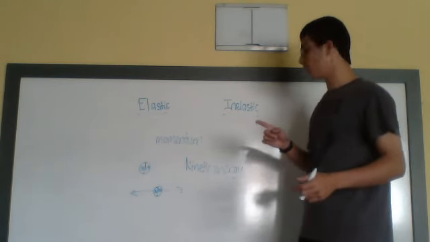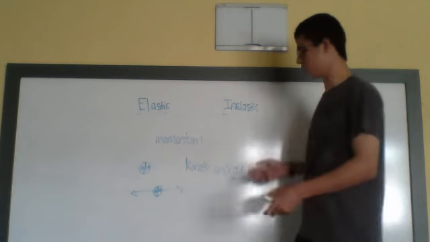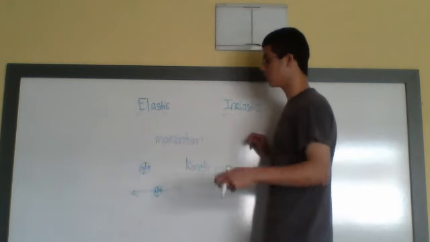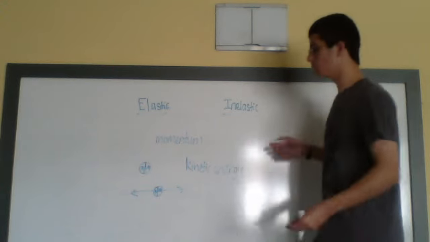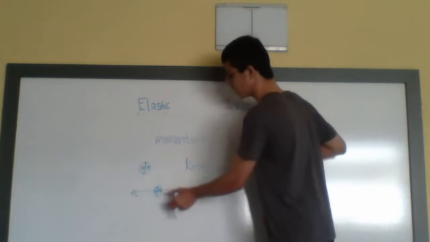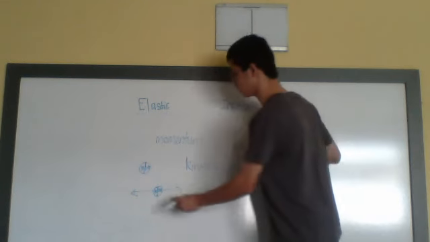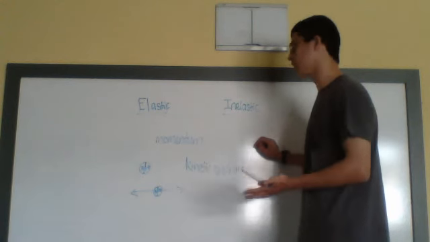Another point, though, in this question that some people wouldn't normally consider is the fact that there is a spring inside this ball. So there's elastic potential energy before the explosion. Now, after the explosion, the reason why kinetic energy suddenly appears is because the elastic potential energy of the spring is converted into kinetic energy.